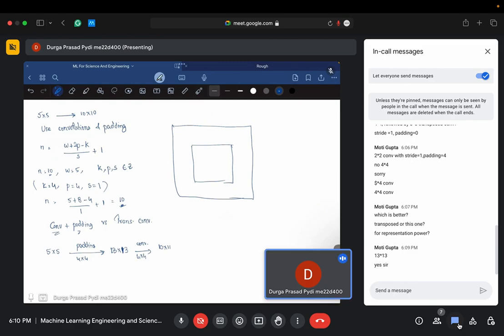Now the question is, you have added a lot of zeros here which are actually not present, and the boundary elements that are present here, when you apply a 4 by 4 kernel, are going to be underrepresented because you have a lot of zeros and a lot of them will just be going out. So the elements at the boundary are going to get less representation, unlike in your transpose convolution.